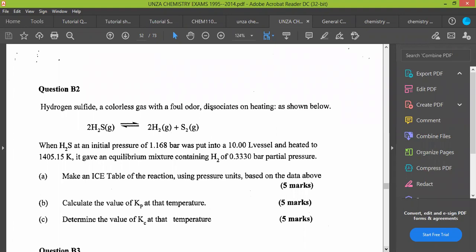Make an ICE table of the reaction using pressure units based on the data above.